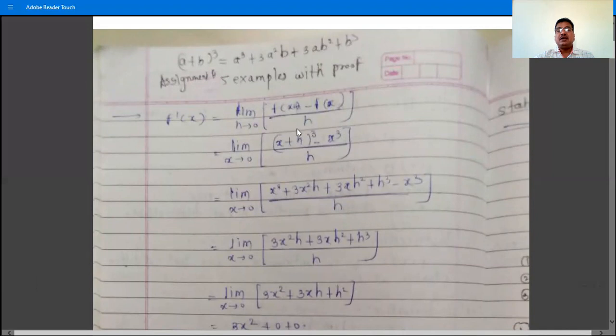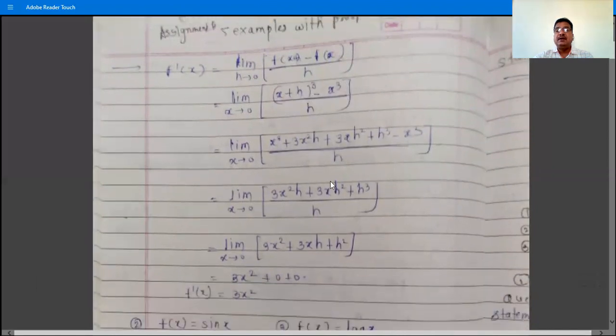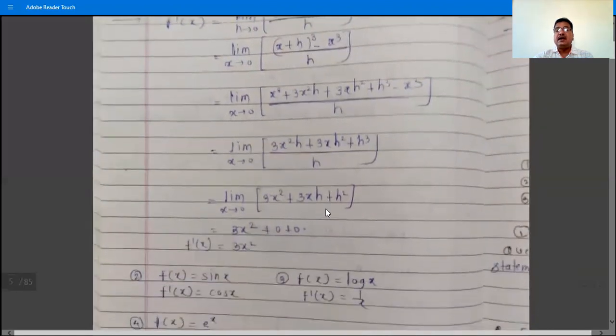So (x plus h) cube is x cube plus 3x square h plus 3x h square plus h cube, minus x cube. The minus x cube and x cube get cancelled. We have the remaining three terms divided by h, dividing each term separately. We have 3x square, 3x h, and h cube by h is h square.